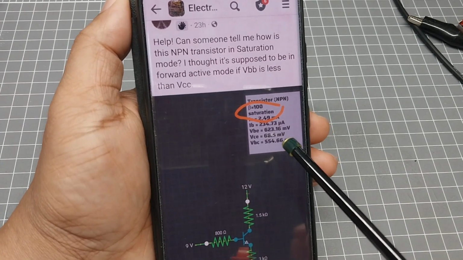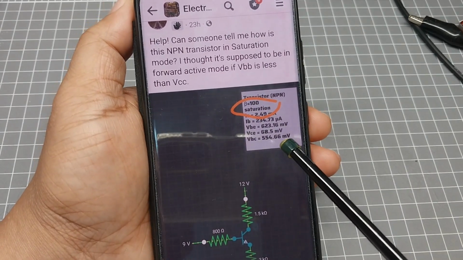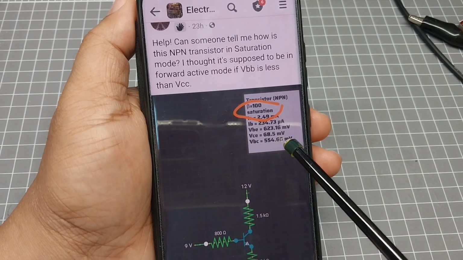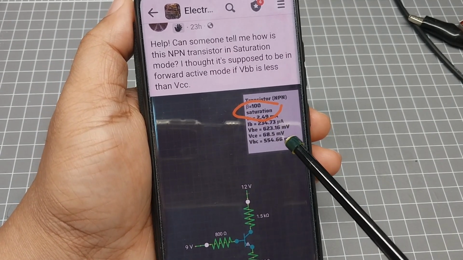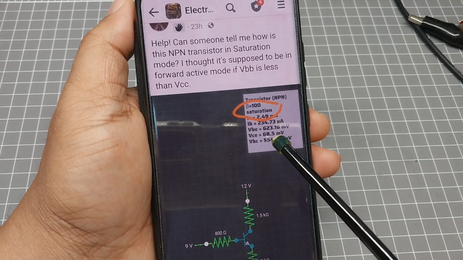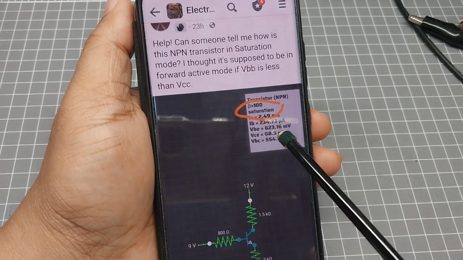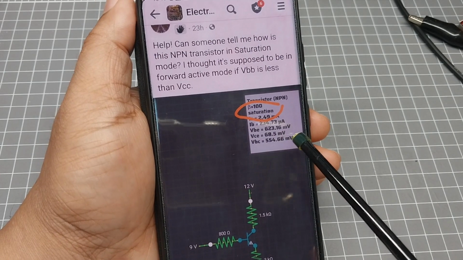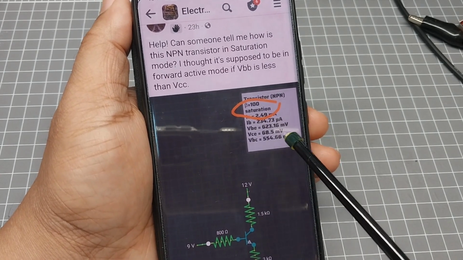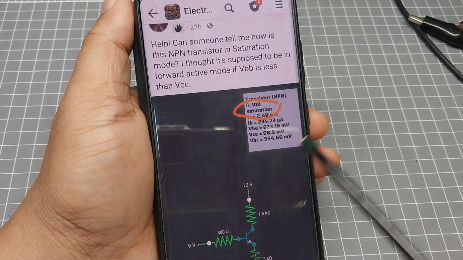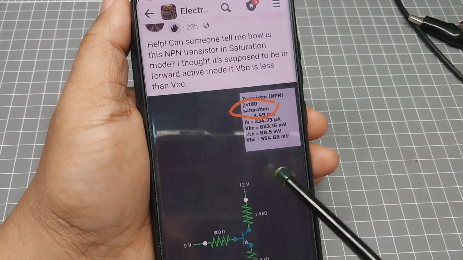And the collector emitter voltage is 68.5 millivolts. So if the collector emitter voltage is less than the base emitter voltage, the transistor is in saturation mode. So the base collector also is 554.66 millivolts.